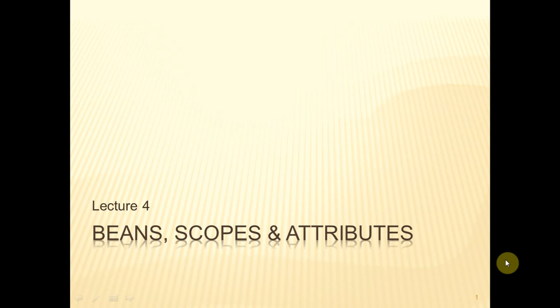Good afternoon. We start the fourth lecture, and today we're going to look at beans, scopes and attributes, which is going to help us set up the environment whereby we can have the model elements of our architecture communicate with the view, passing data from the model to the view via these attributes and beans in the various scopes.